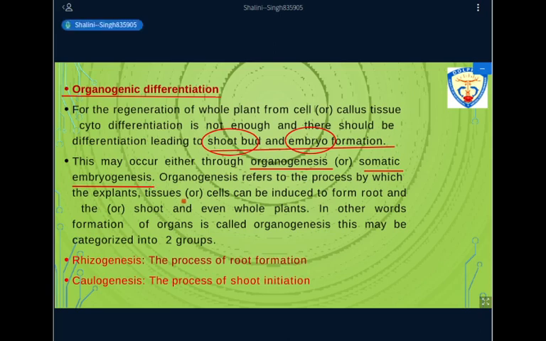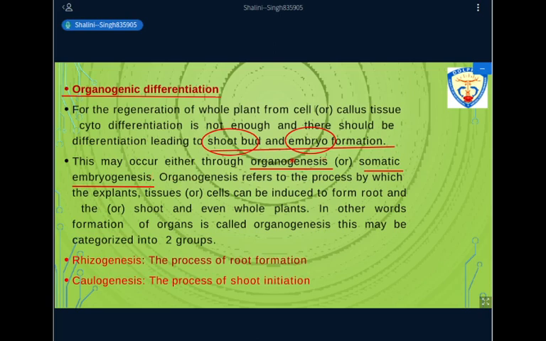Organogenesis means formation of organs. What organs? Either shoot or root. And somatic embryogenesis is formation of embryos. Since we are developing these embryos from somatic cells, the process is known as somatic embryogenesis.